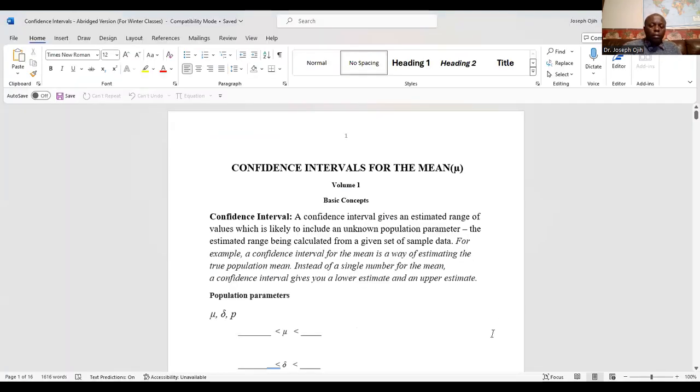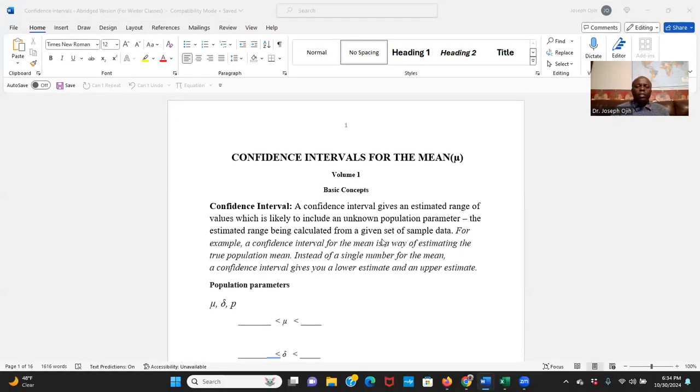Now, what is a confidence interval anyway? A confidence interval simply means an interval that gives an estimated range of values that will likely include an unknown population parameter.